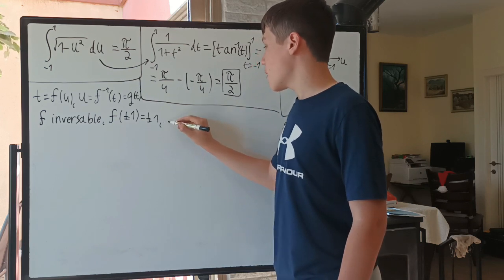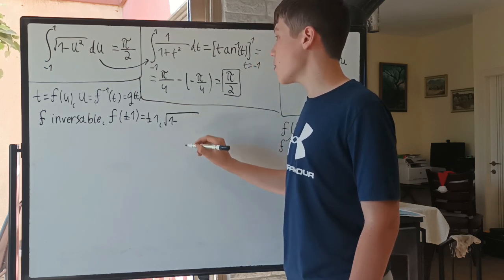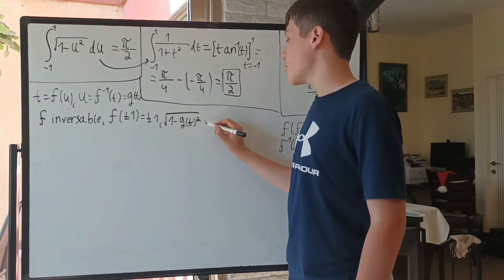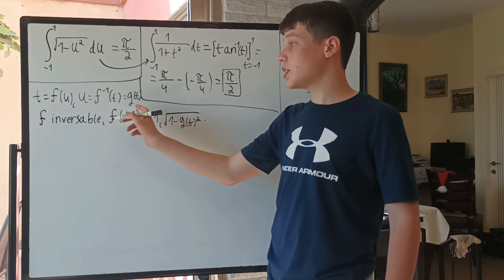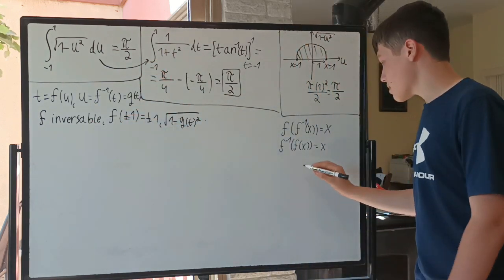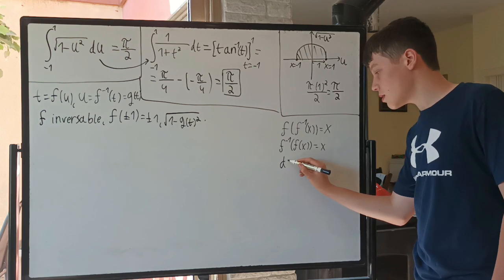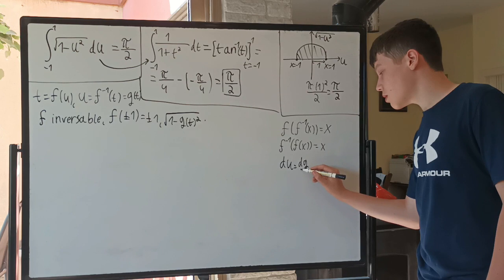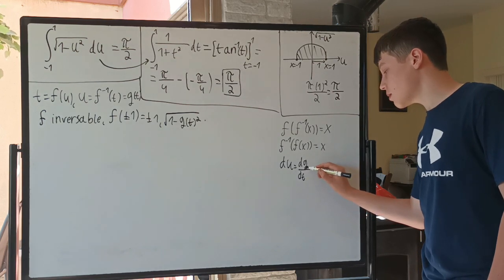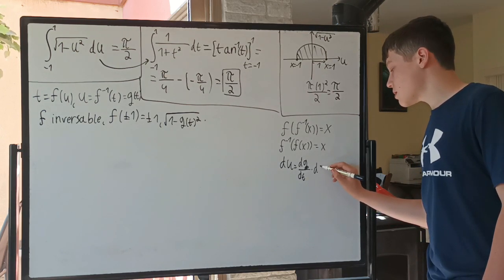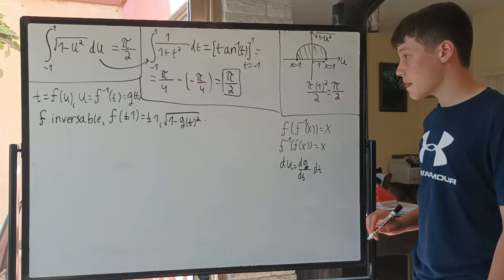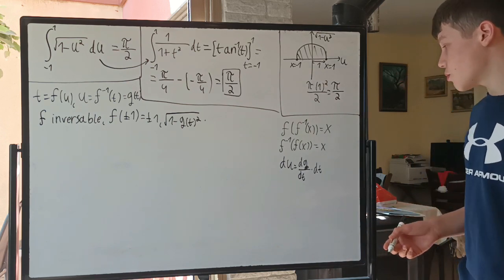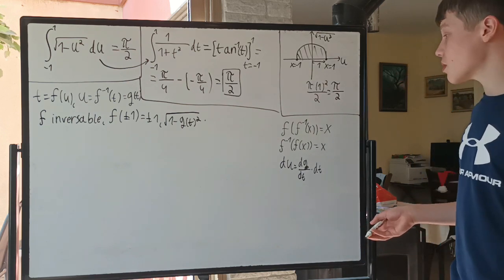We'll have square root 1 minus g(t) squared, and then remember, if u is g(t), du is dg over dt times dt. So g(t) is u, so this is really just the chain rule, sort of.